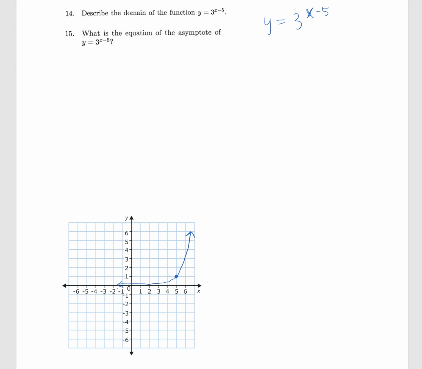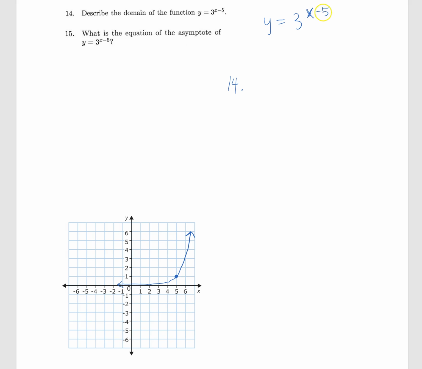Now we can think about what the domain is to answer question 14. The domain refers to the possible x values for this function. As we just thought through, x can actually be equal to any value.